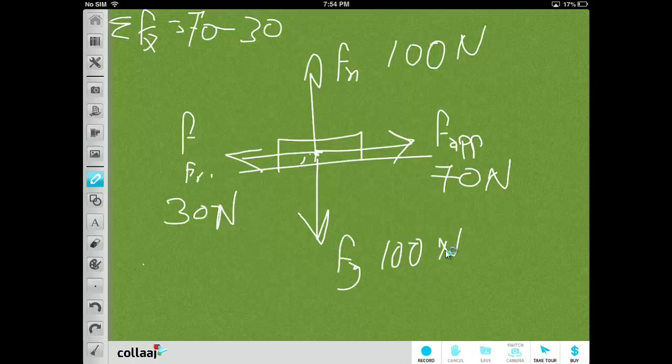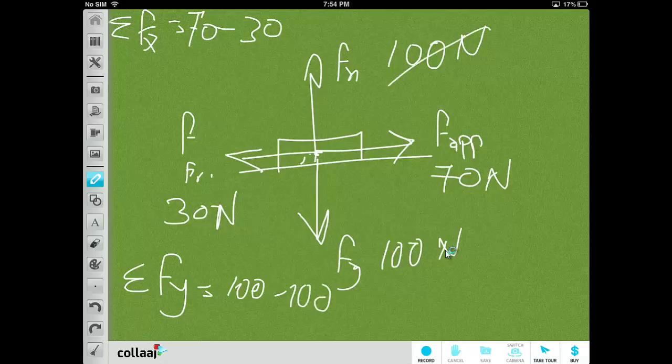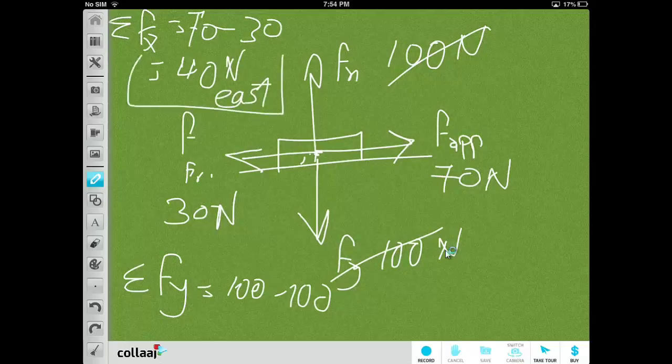Sum of Fy is 100 minus 100. You'll find out that 100 will cancel 100 because it is the same force. And 70 minus 30 is 40 newtons to the east. Don't forget the direction. It's a vector quantity.